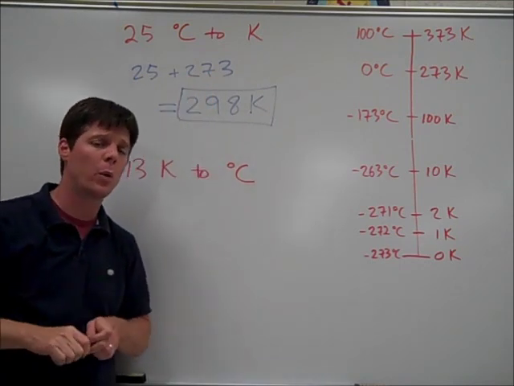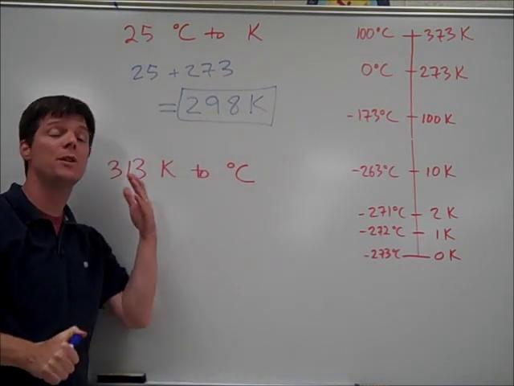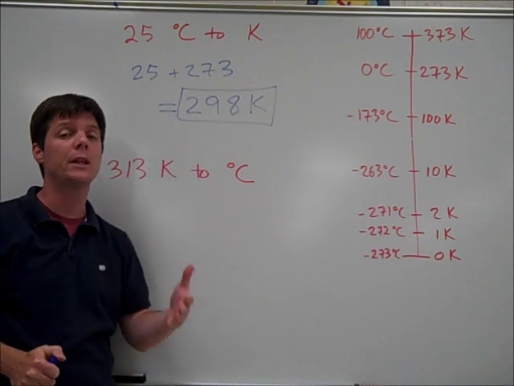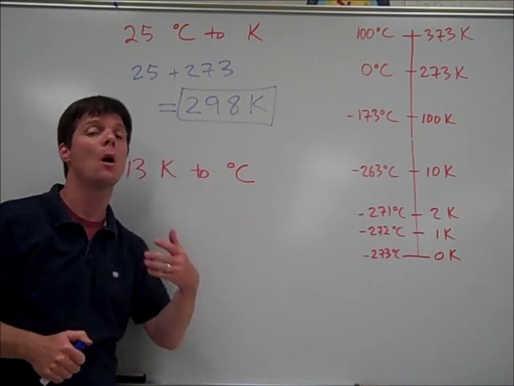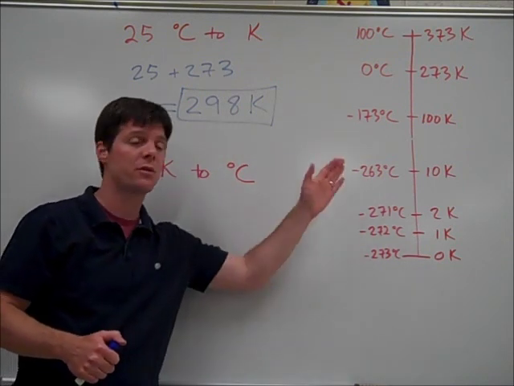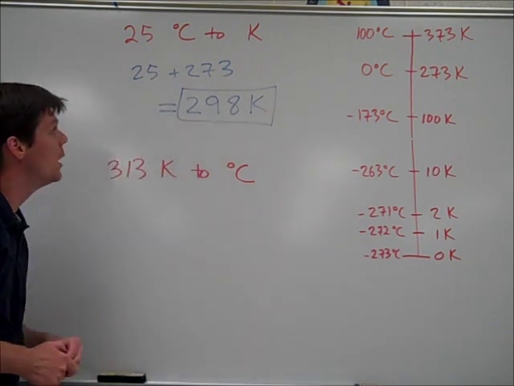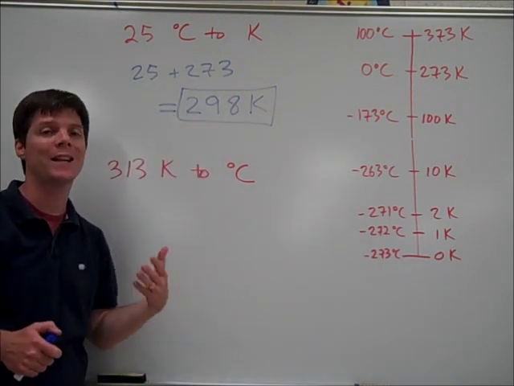Please note that when we're writing temperatures in Kelvin, we do not use the degree symbol. That's only used for temperatures written in Celsius or Fahrenheit. Kelvin temperatures don't include that symbol. So we've got an answer of 298.